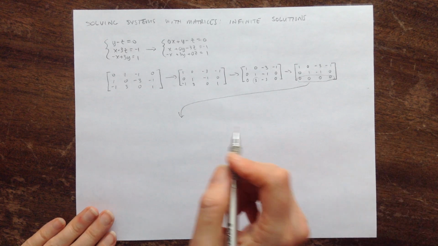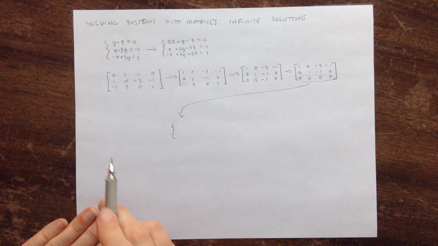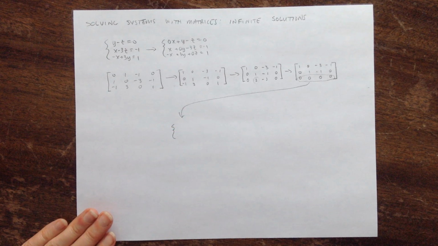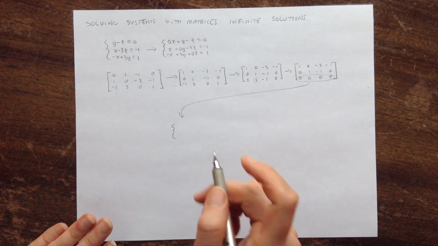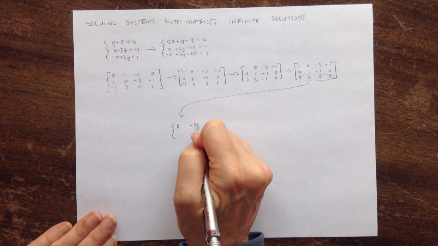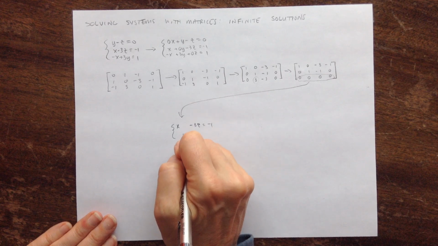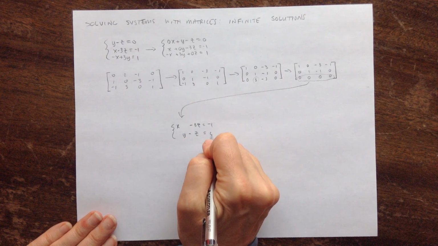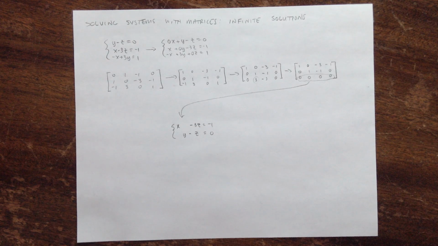It doesn't add any information. So basically I've whittled this 3 by 3 system down to a system with just 2 equations and 3 unknowns. This is 1x minus 3z equals negative 1 and y minus z equals 0. So I have 2 equations and 3 unknowns.